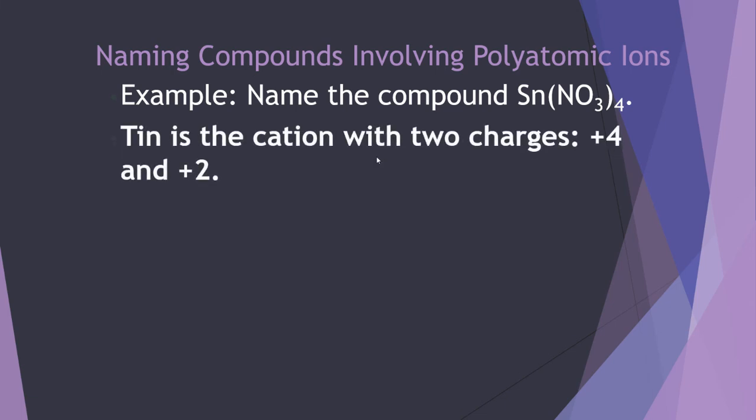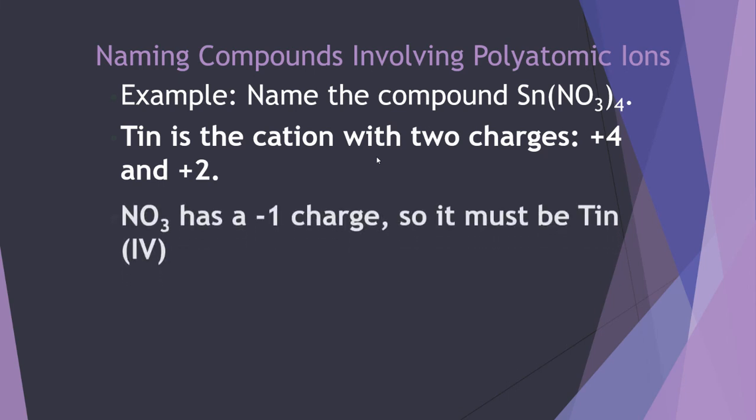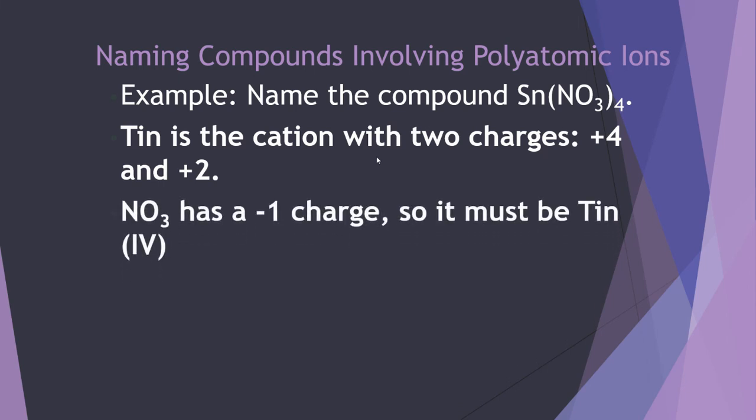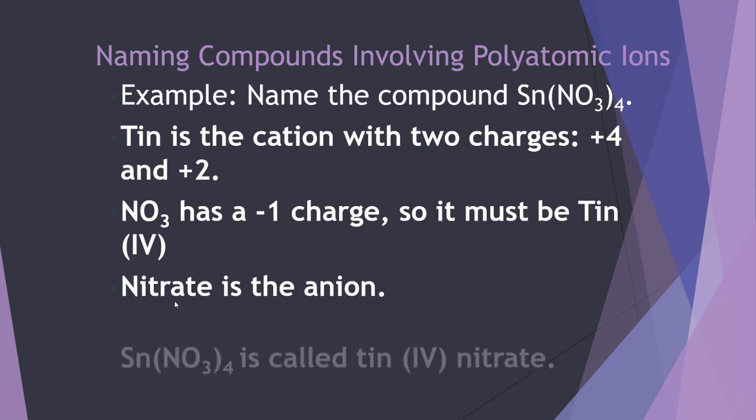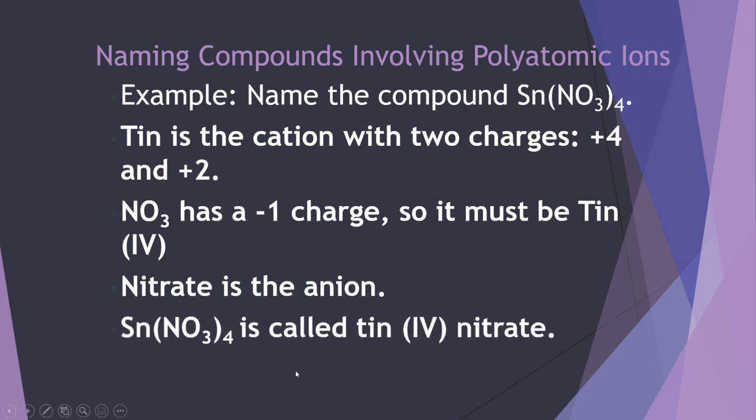The cation has 2 possible charges, +4 and +2. NO3 has a negative 1 charge, and we know that from our polyatomic ion list. So this tells us that tin, in this case, must have a positive 4 charge. So it'll be tin 4. Nitrate is the anion. So this is called tin, parentheses, Roman numeral 4, nitrate.